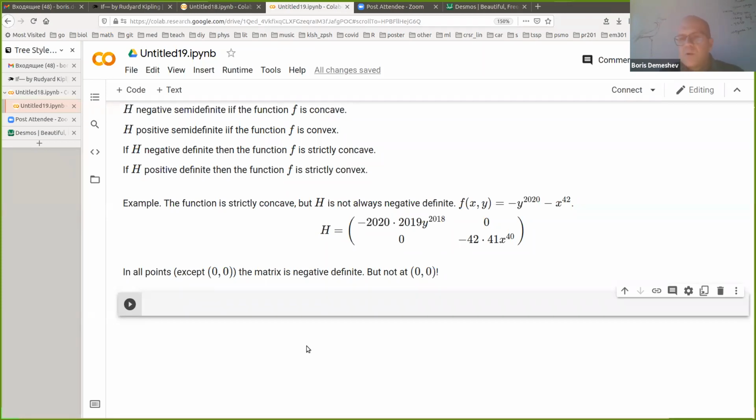For simplicity, I will work with concave functions, but you can clearly state the corresponding statements for convex functions. But anyway, we can formulate some statements for concave functions and formulate corresponding statements for convex functions and vice versa. Just replace maximum by minimum or minus by plus and so on.